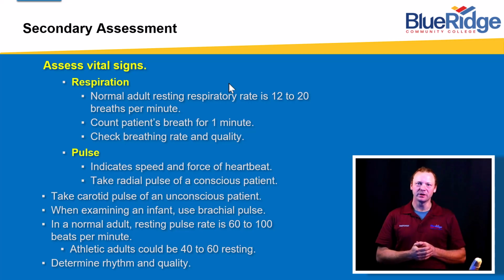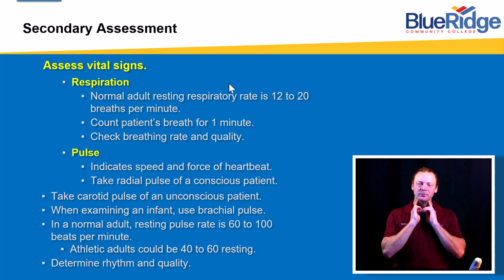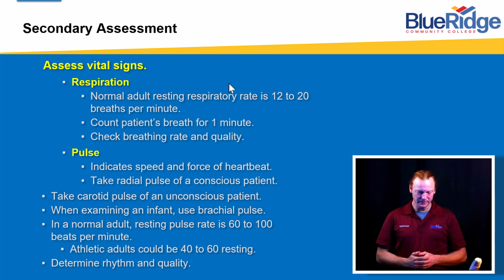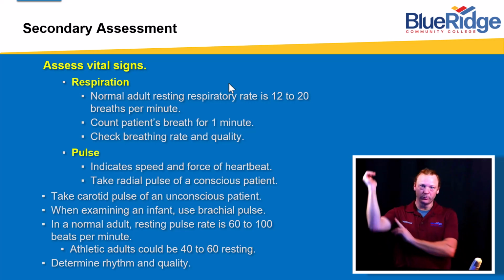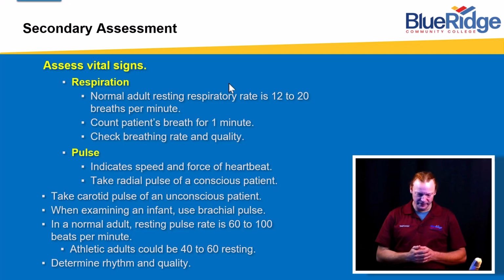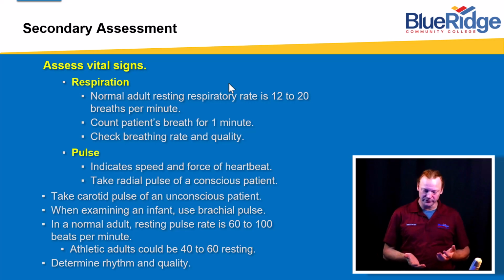We don't initially come across a lot of unconscious patients that we can practice taking pulses from in the classroom. When examining an infant, we're going to use their brachial pulse, not your own, to assess their heart rate.